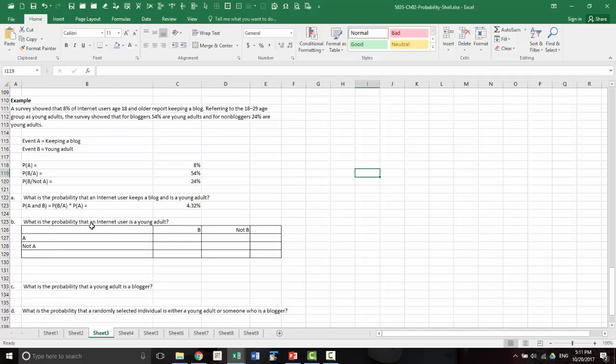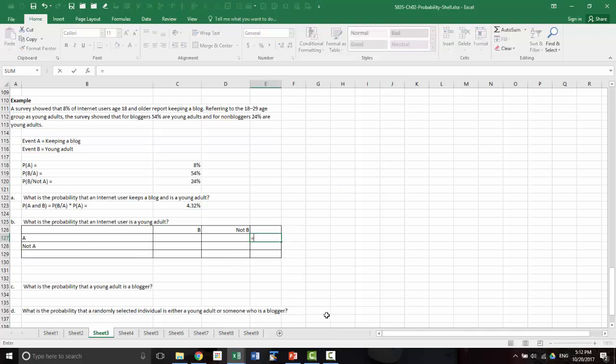Now what is the probability that an internet user is a young adult? Let's set up a table like this, then it will be easier for us to answer any kind of question related to this problem. Probability of A, these are called marginal probabilities. When you look at just an event, that's called marginal probability, because you write it in the margin, I guess.